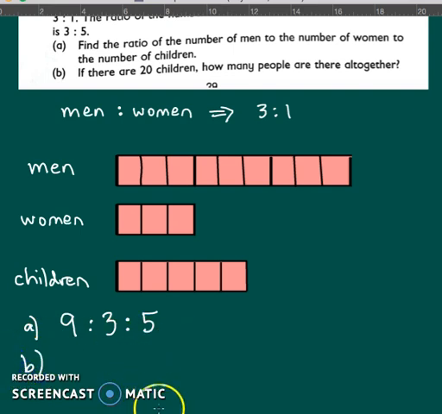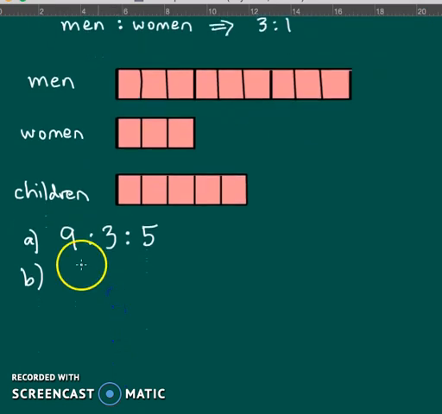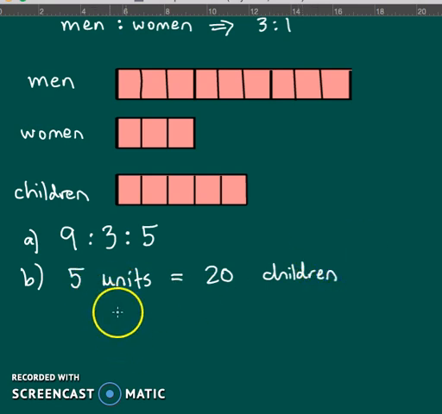Part B asks, if there are 20 children, how many people are there altogether? So how many units do we have representing children? 5 units. So we are told that 5 units means that there are 20 children. How many children does 1 unit represent?